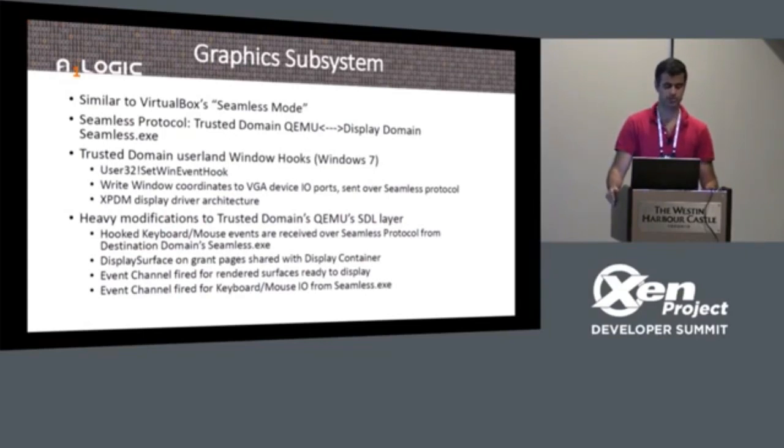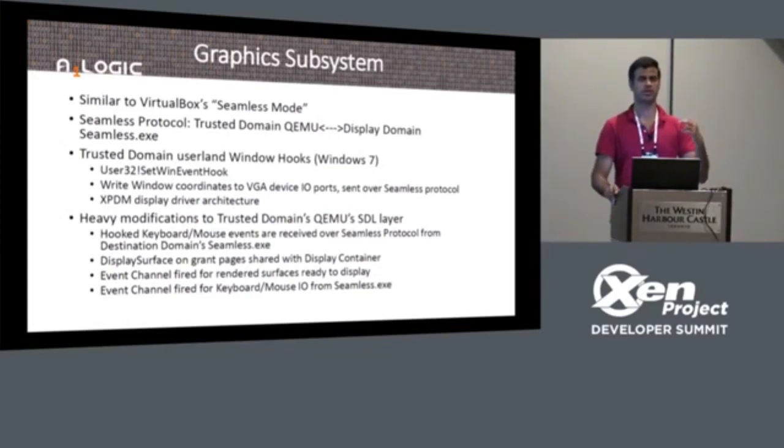And we have implemented this using an XPDM display driver architecture. We made heavy modifications to the QEMU SDL layer. That's where a lot of the libraries and the hooks are implemented. What we did was we hooked the mouse and keyboard APIs in the SDL layer of QEMU, which emulates the trusted domain.